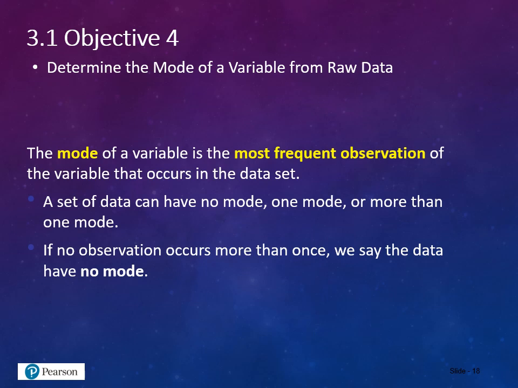It can have more than one mode if multiple answers have the same high number of selections. So if two answers both were picked 15 times each, and that's the highest number, then they are both the mode. So there can be more than one mode as well.